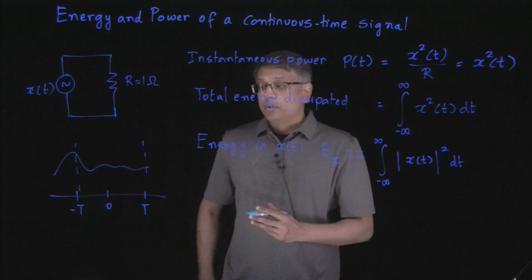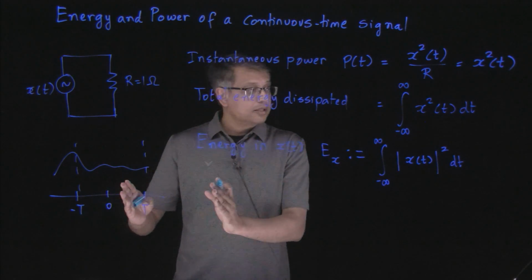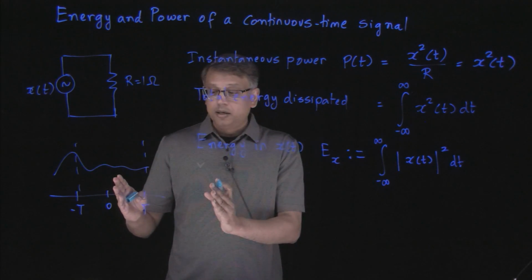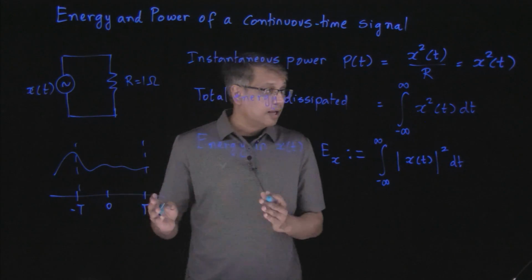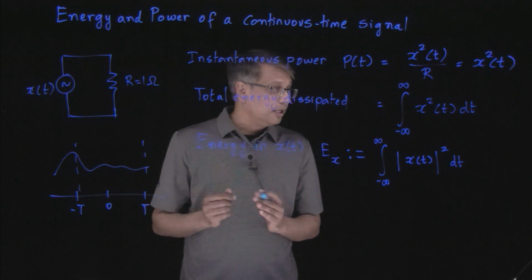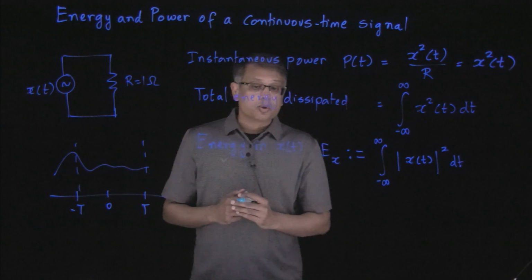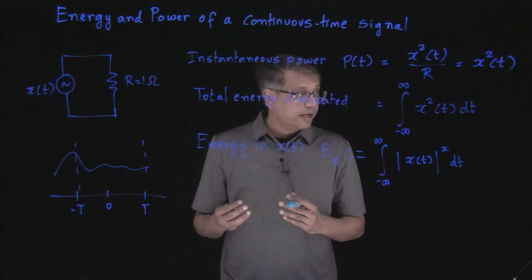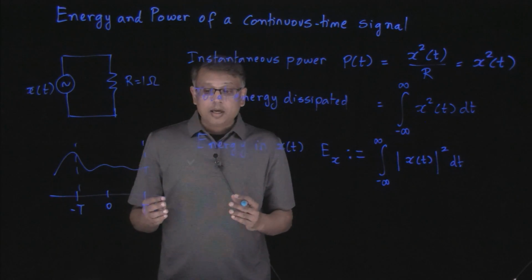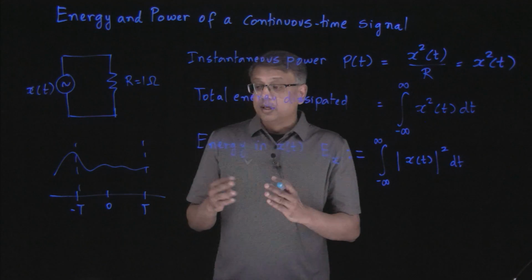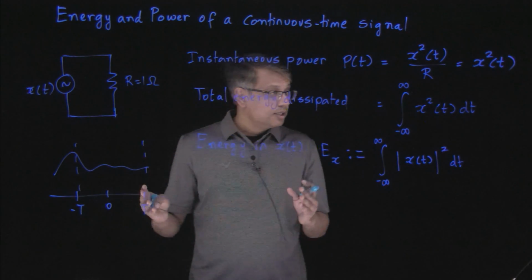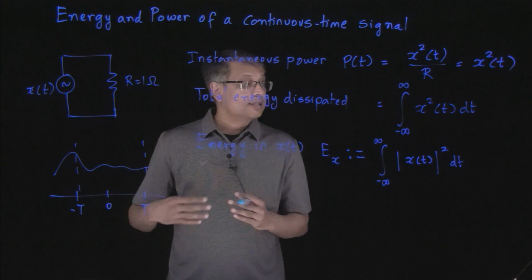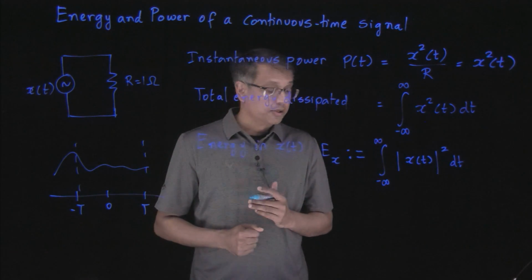But the problem is, if I fix my capital T, then depending on what I choose for capital T, I might get different answers for the energy between negative capital T and positive capital T. So what we will do is to define the average power as the limit of the average energy in this time window as capital T becomes large.